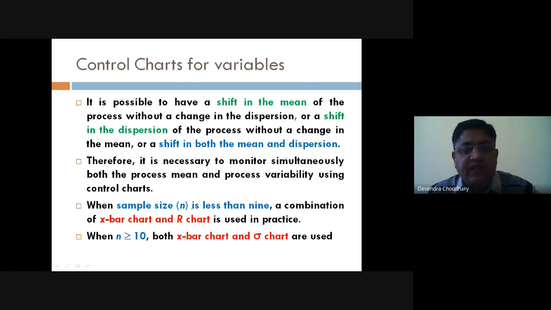When sample size is less than 9, we use a combination of X bar chart and R chart to monitor the mean and process variability.